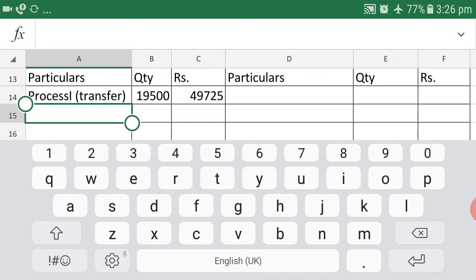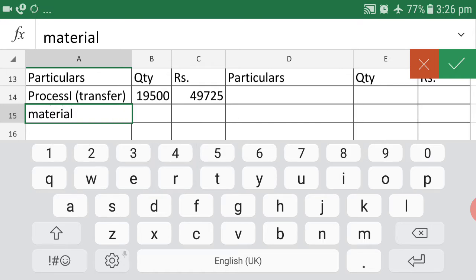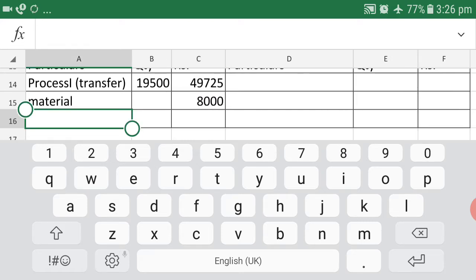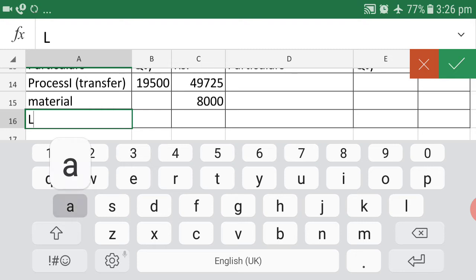If there is abnormal loss, we have to consider that. If there is abnormal gain, that we have to consider here. Clear? Let's consider items one by one. First one, material. Material amount is given, 8,000. Next item, labor.